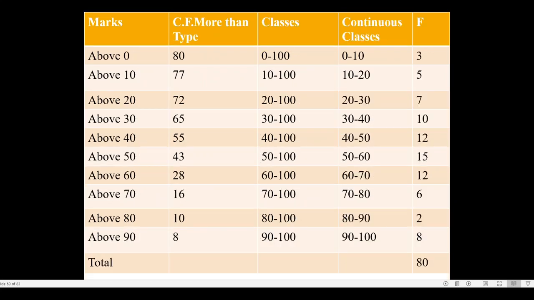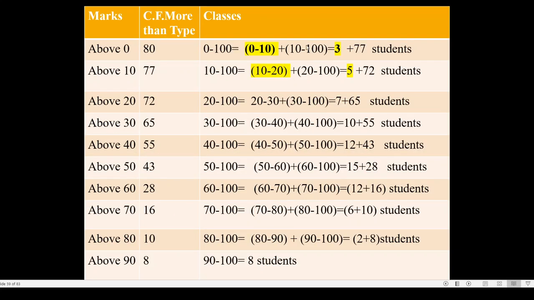Here I have written continuous classes 0 to 10, 10 to 20, 20 to 30, like this, and the corresponding frequencies which we have calculated: 3, 5, 7, 10, 12, 15, 12, 6, 2 and 8.